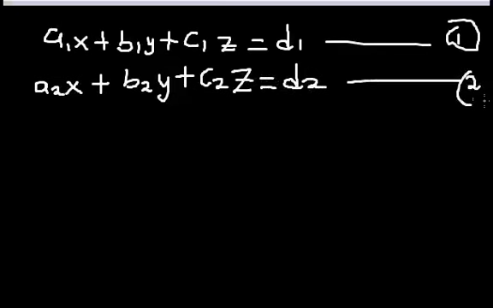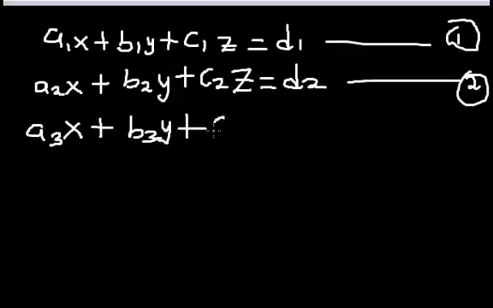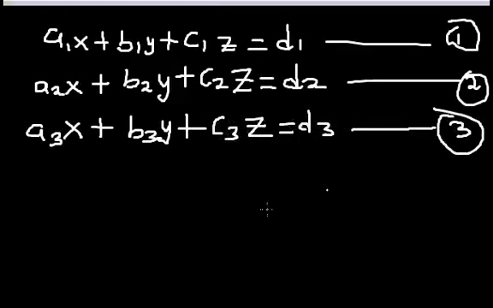I call this equation 2. Then I have a3x plus b3y plus c3z equal to d3. So this is going to be my equation 3.